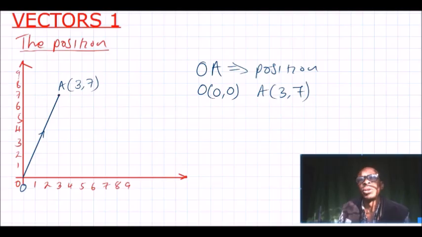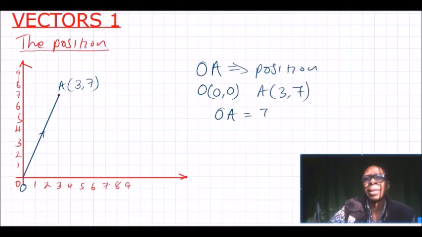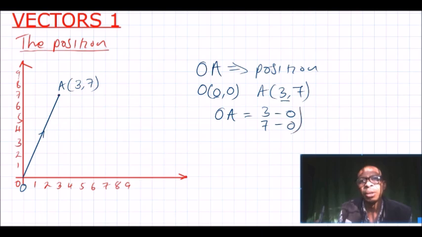So OA is equal to: our x is 3 minus 0, and y is 7 minus 0. So you get (3, 7). So our vector OA is (3, 7).